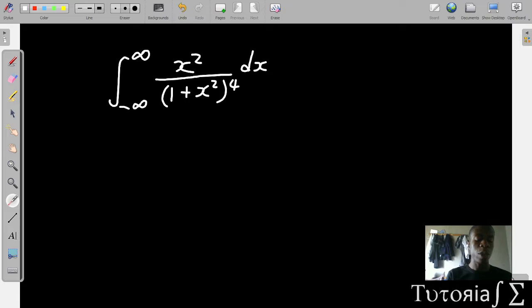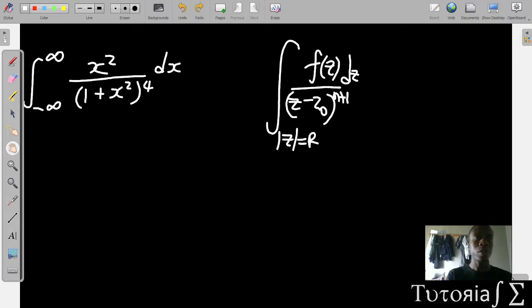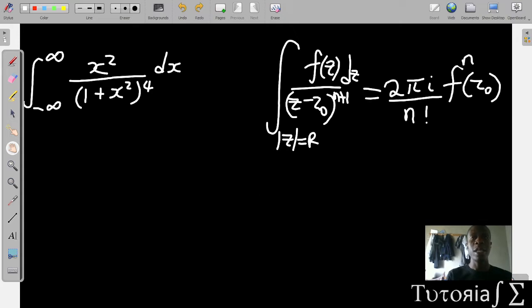It means that we're going to use Cauchy's formula for nth derivatives, which is that there. Where you have the integral of f of z over (z minus z naught) to the power n plus 1, this is equal to 2 pi i over n factorial multiplied by the nth derivative of f at z naught, where z naught is the point where the function is undefined. n is the number of times you are going to differentiate your f of z.